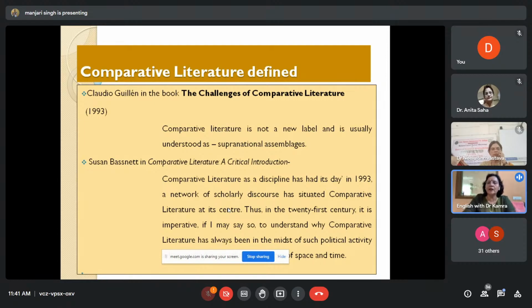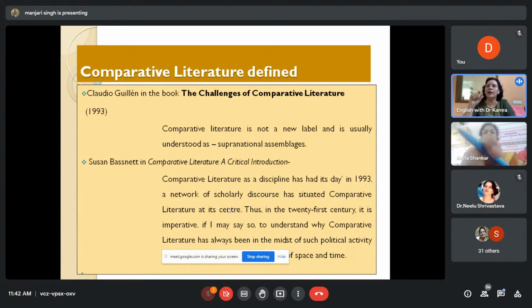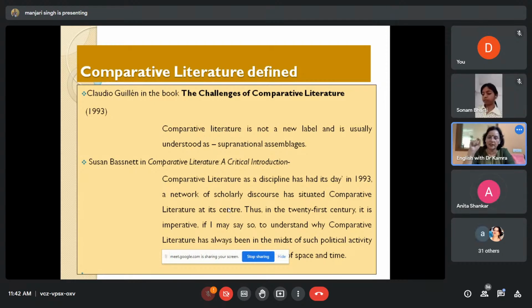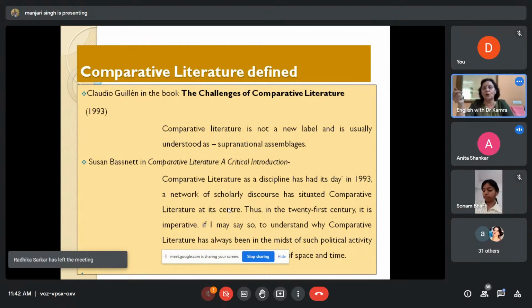Matthew Arnold says that if you want to enjoy literature, if you want to make the study of literature an ennobling experience, you cannot do it by limiting yourself to the study of only one text, single event. No, you have to study it in relation to other events of other literatures. Only then you will find that this is so interesting.